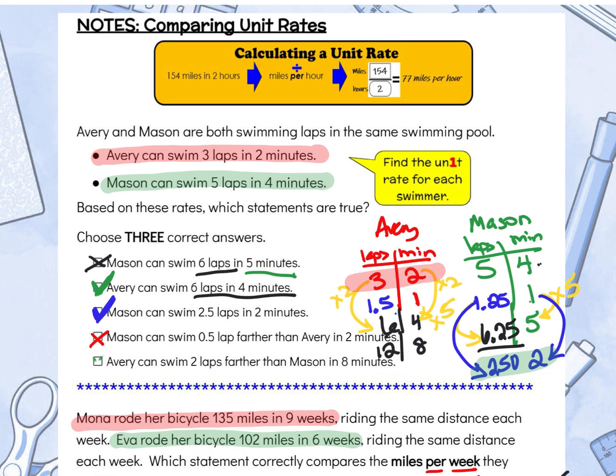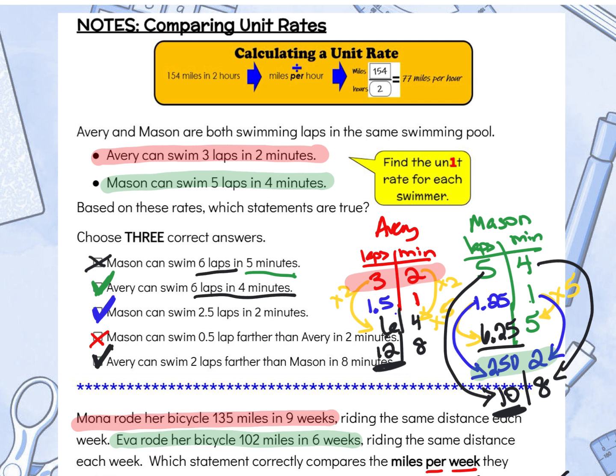I'm going to use the 4 because it's a whole number. So from 4 to 8 is times 2. So 5 times 2 would be 10. Okay, so is Avery 2 laps farther than Mason? Yes, he is. So that is our other true statement.